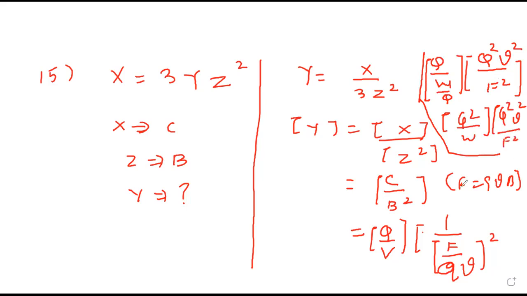Can you please write it on the other page because I'm not able to see it properly. You're not able to do what? I'm not able to understand it properly. F equals QVB, this we have not seen earlier. Q upon V, work upon charge.